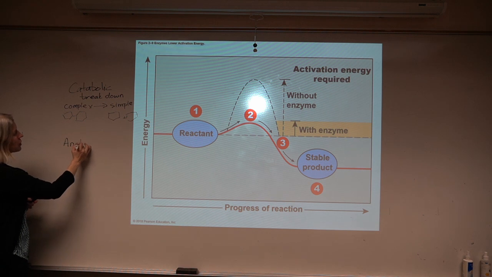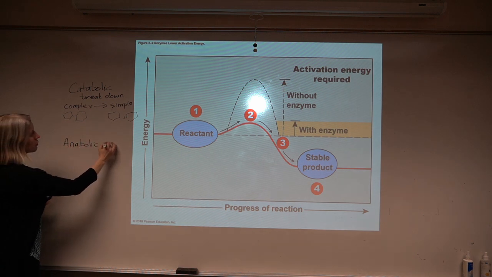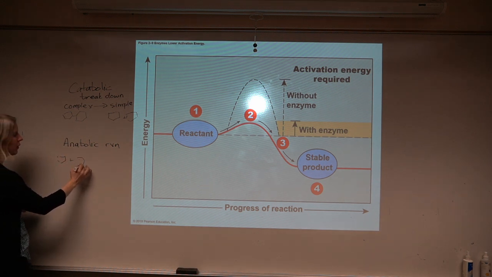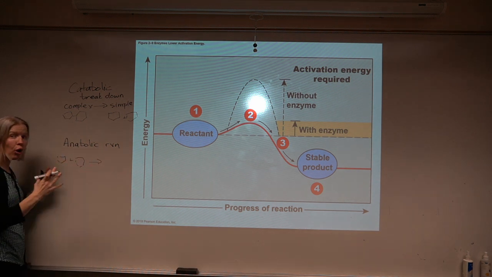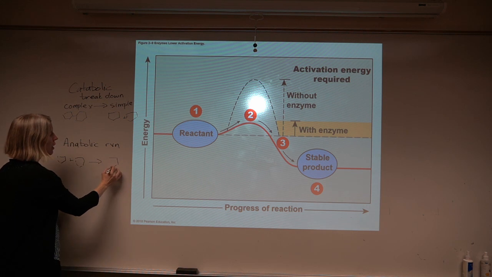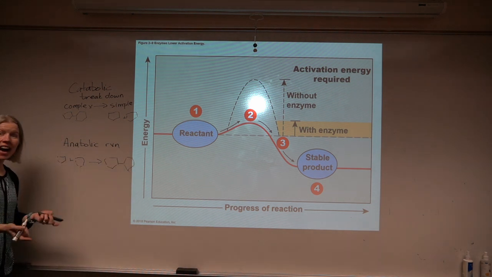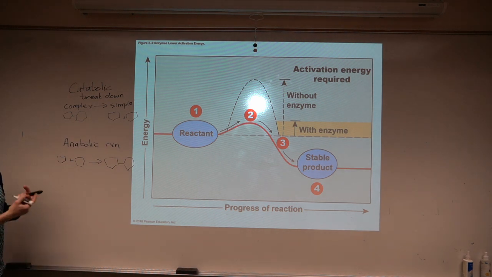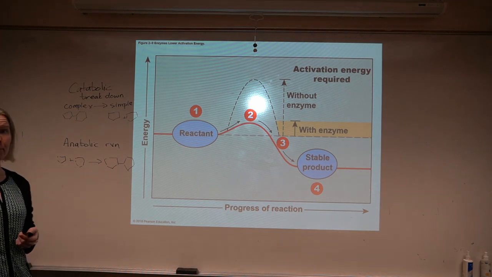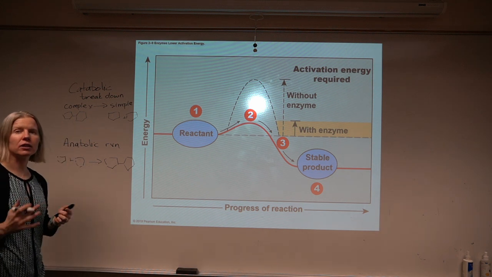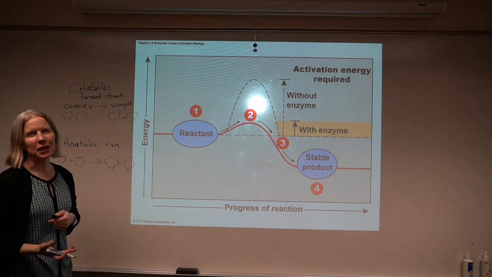Anabolic reactions are going to take simple molecules, put them together, and build that more complex, in this case, the disaccharide, and that actually takes energy to make that happen. So throughout the body, you have all these different catabolic and anabolic reactions taking place.